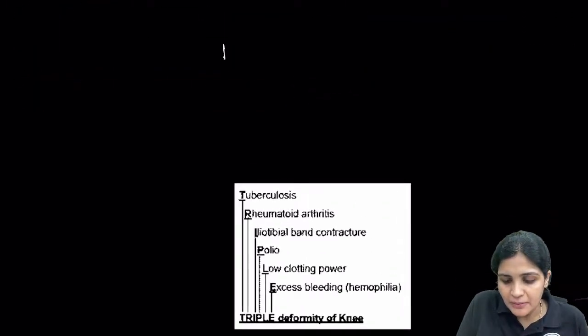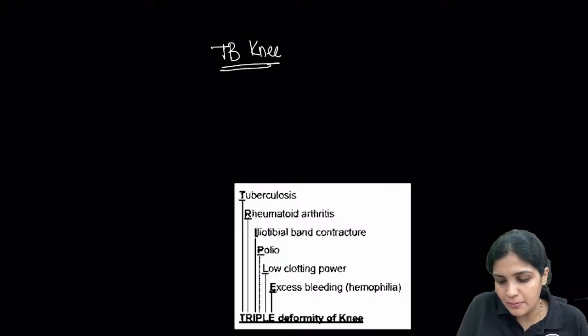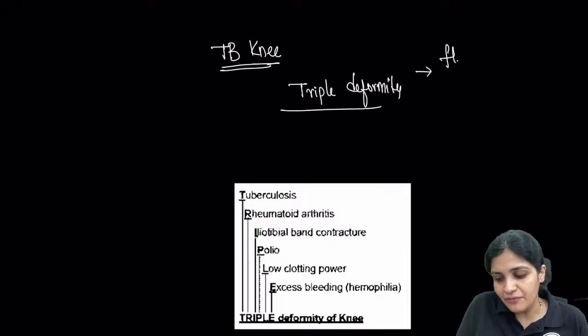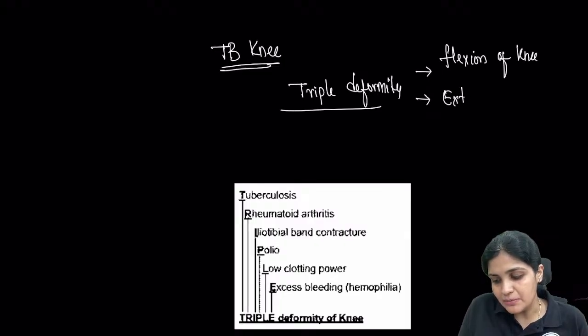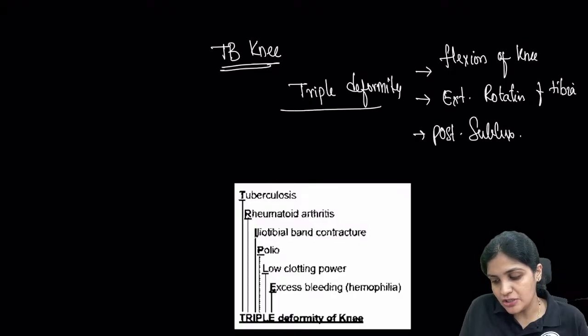In case of TB knee, there is one important condition which you have to remember, that is the triple deformity of the knee. So what is this triple deformity? First there will be flexion of the knee, then external rotation of the tibia, and finally posterior subluxation of the tibia.